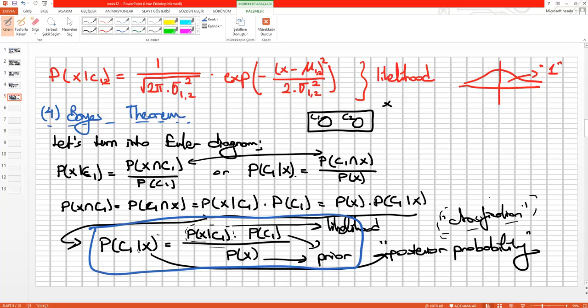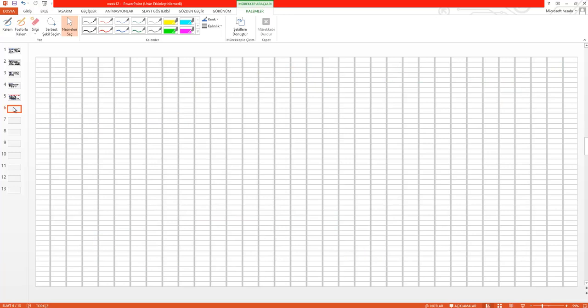So we have this head title, the Naïve or simple Bayes classifier topic in here.